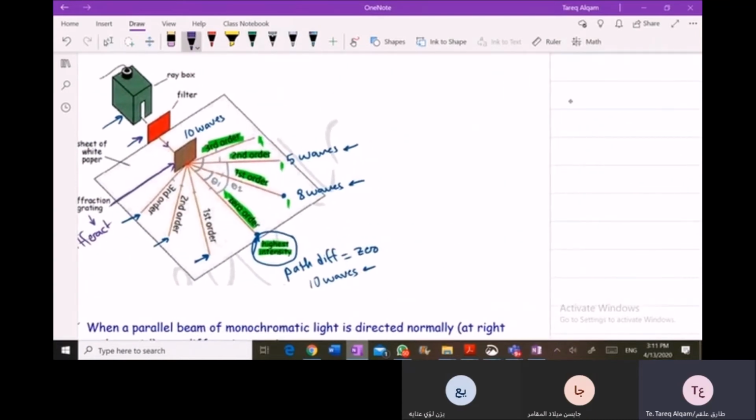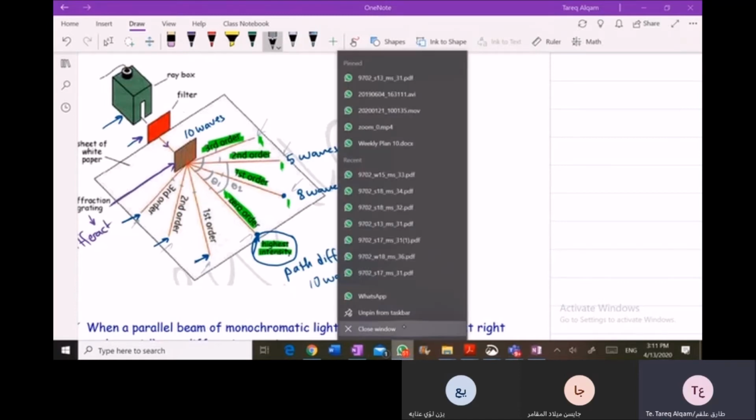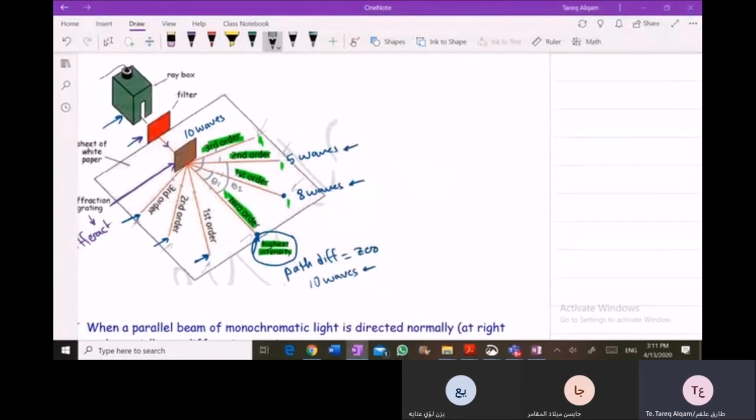If you remember, this is a maxima, this is a maxima, this is a maxima. The waves interfere constructively. Between these maxima, there are minima, where the waves interfere destructively.